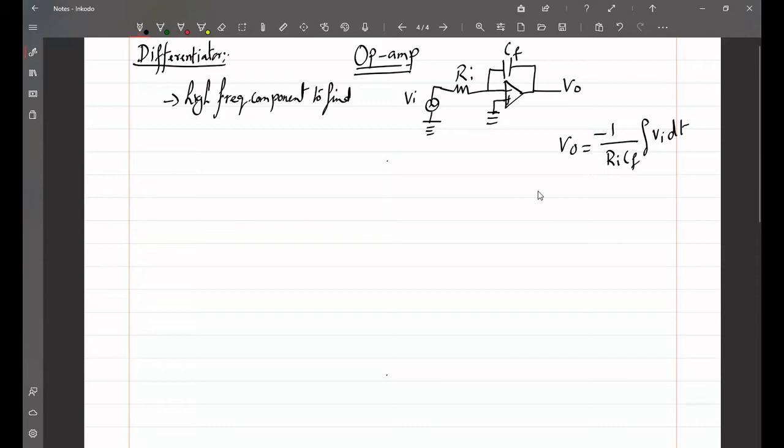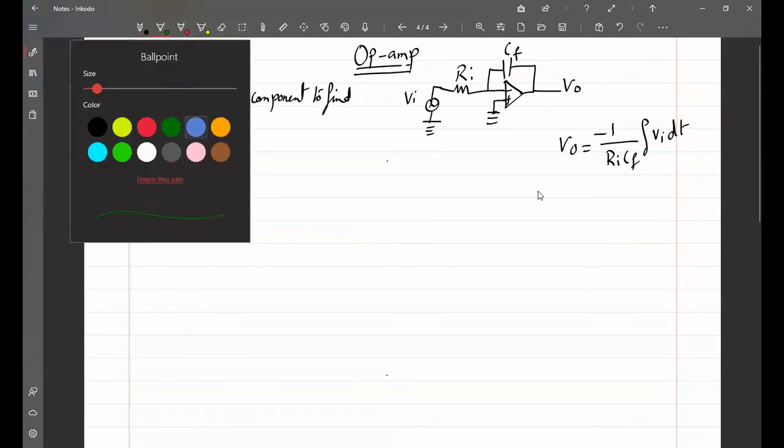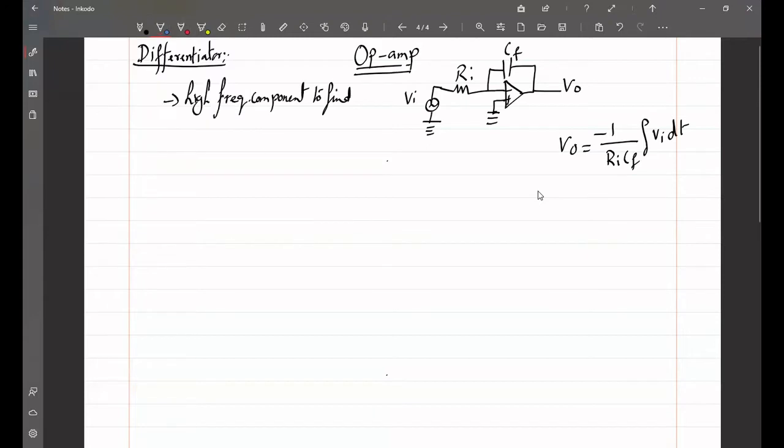While drawing the differentiator circuit, we are just replacing the reactive components. So this is an op-amp. In the integrator, we placed the input resistance and feedback capacitance.